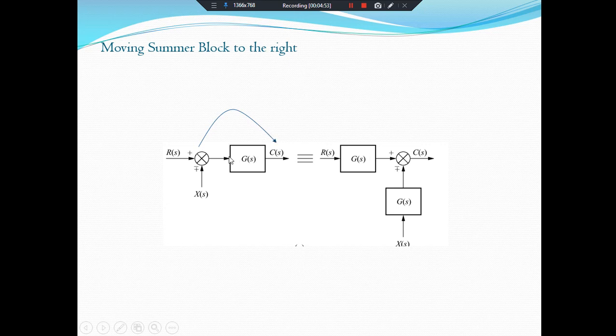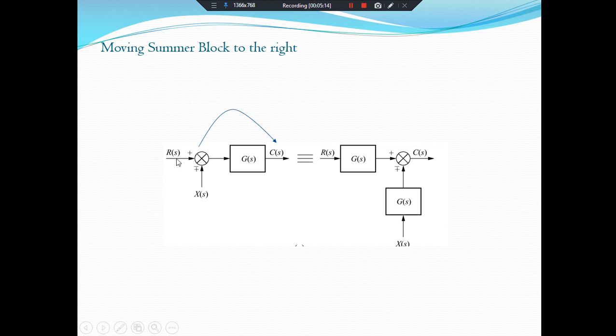So if we move our summing junction to the right of the subsystem, what will we do? We will multiply all other branches with G of S, because this G of S is multiplied by all the inputs coming from this summing junction.